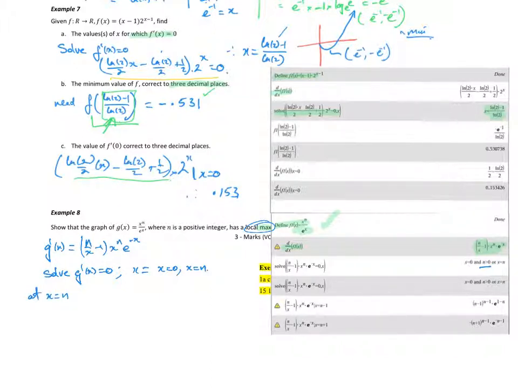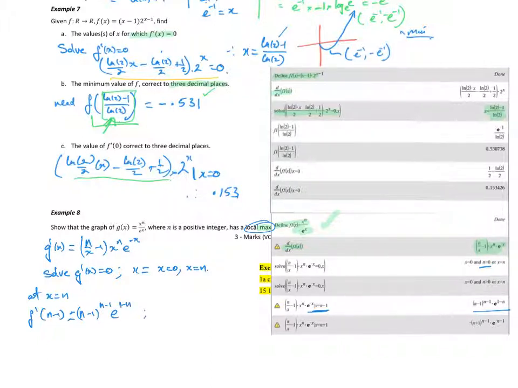Well, if I pick a value just smaller than n, so if I work out f dashed of n minus 1, which is what I've worked out here, so if I pick a value smaller than n, so n minus 1, my gradient graph, which is this one here, okay, the gradient is equal to n minus 1 times x to the n minus 1 e to the 1 minus n.